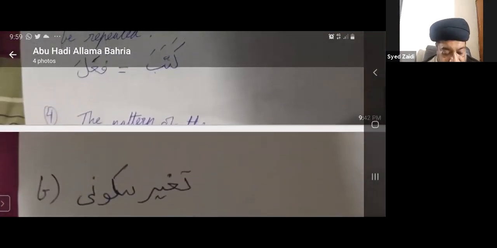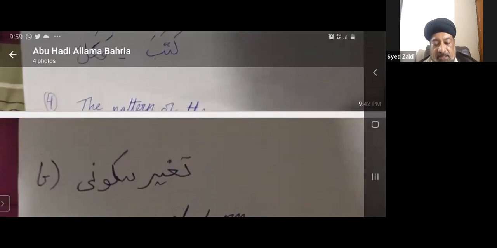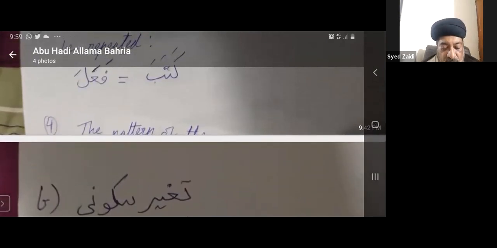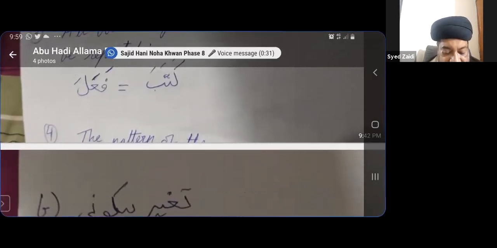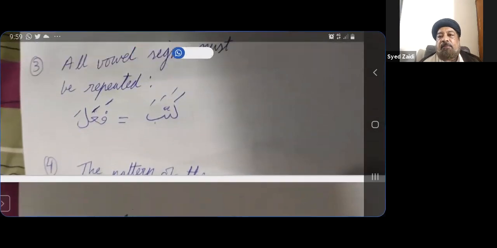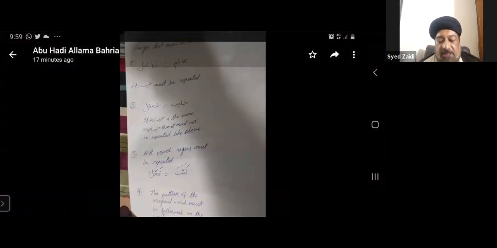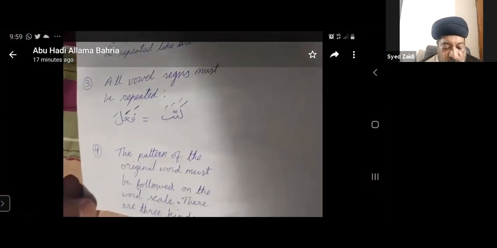Now number 4, the pattern of the original word must be followed on the word scale. What does that mean? That means the pattern of the original words must be repeated.